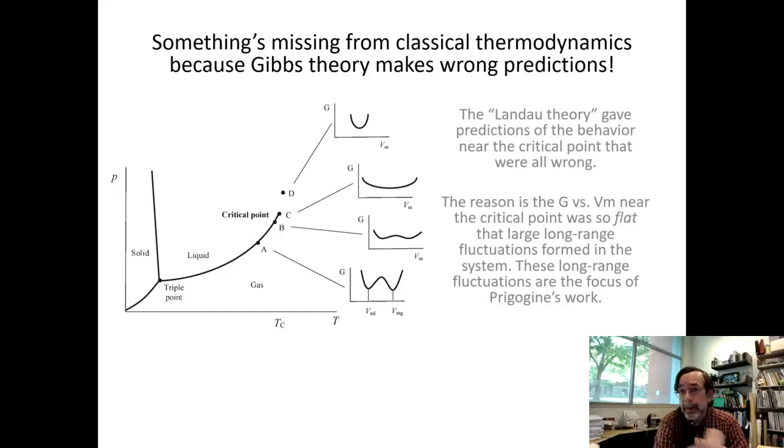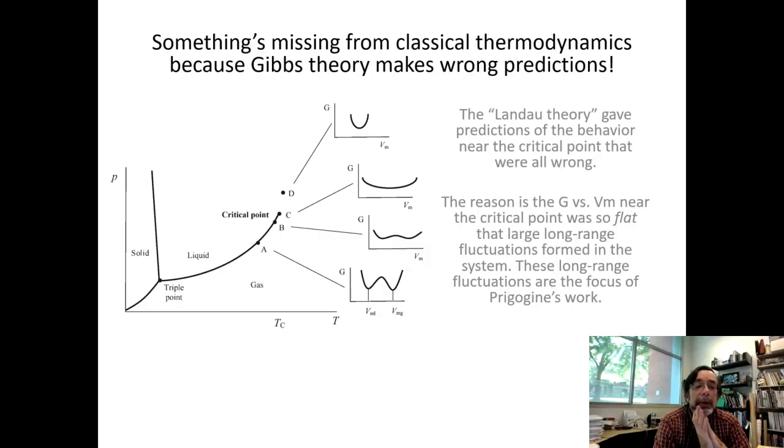You can no longer see the line between them. And when you're moving from A to B, you still see it. At C, you see it disappear. And when you're at point D, you no longer see it. That's the observation of the critical point. Understanding why it happens and what happens near it in terms of free energy is the object of research.